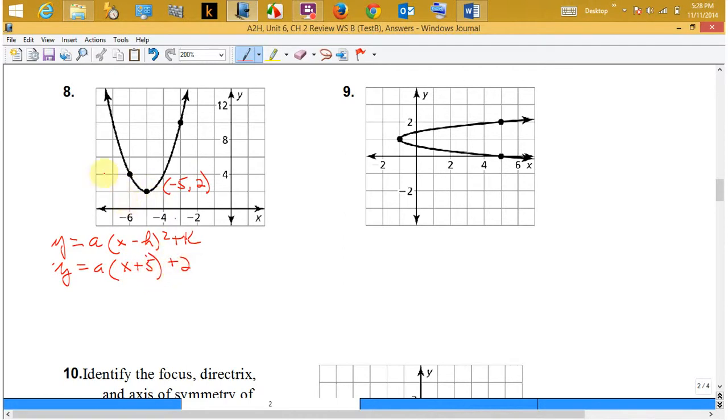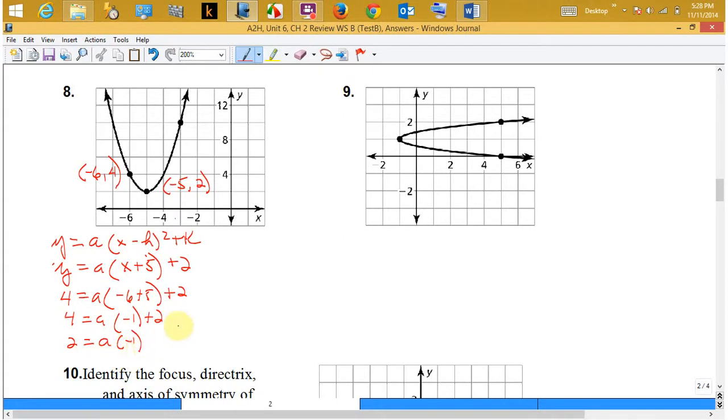This point over here will be at -6, 4. So I'm going to plug that in for the x and y. So 4 is equal to a, -6 plus 5, plus 2. 4 is equal to a, -1, plus 2. Let's subtract 2 from both sides. 2 is equal to a times -1.